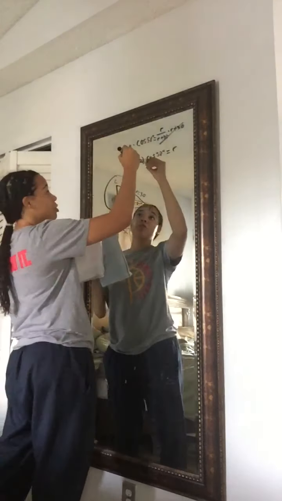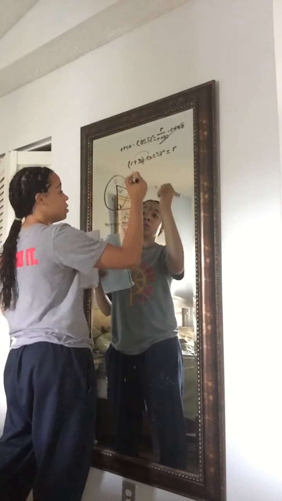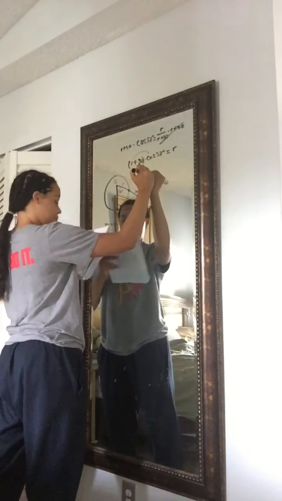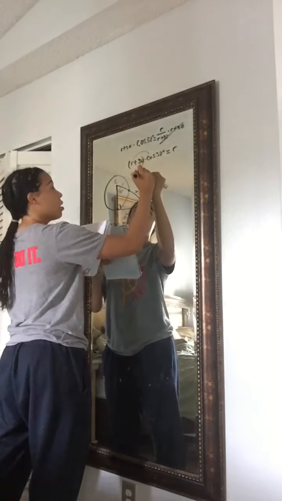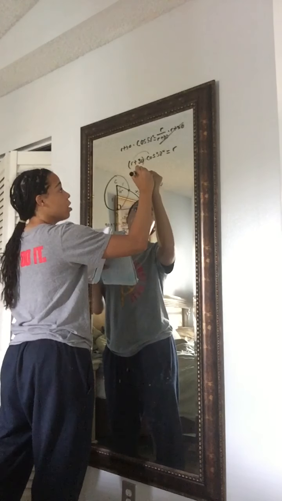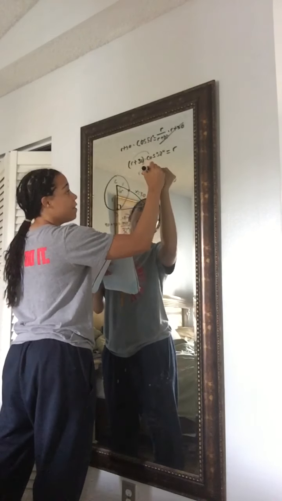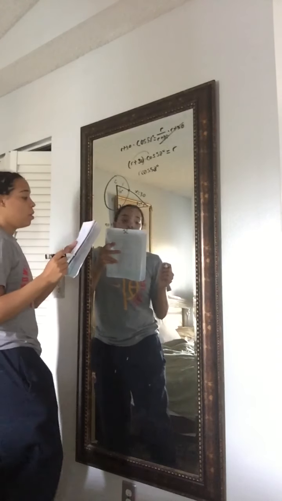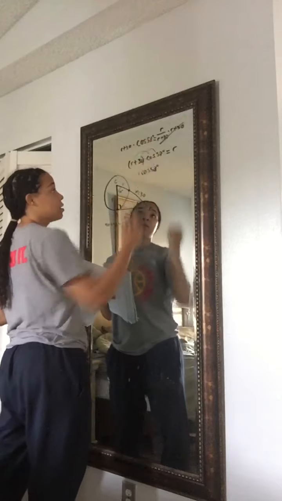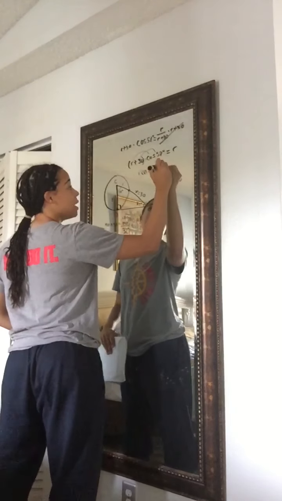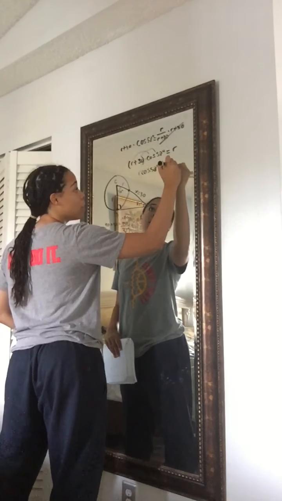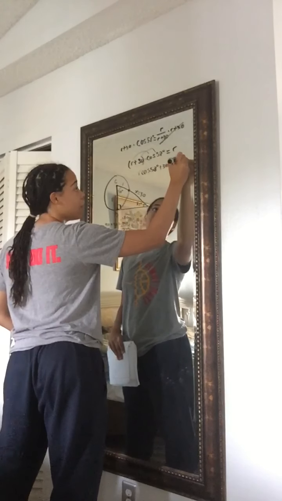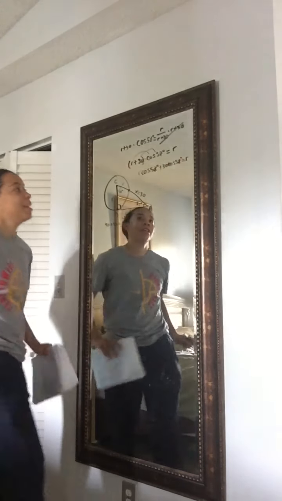So we're going to distribute r times cosine, so that is r cosine 58 degrees. Then we're going to distribute 30 to cosine of 58, plus 30 cosine 58 equals r.